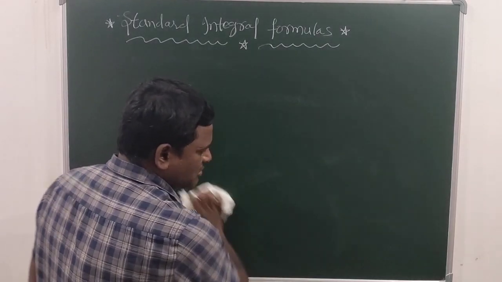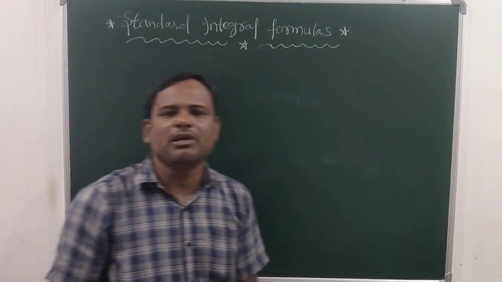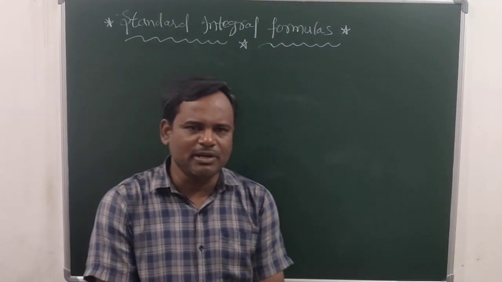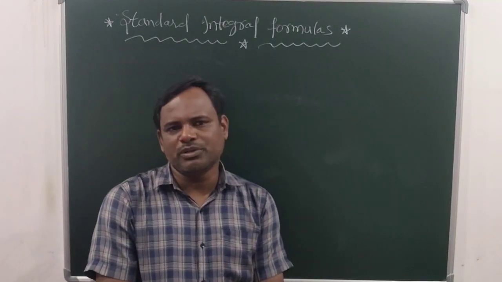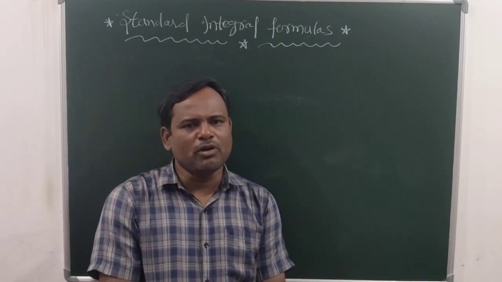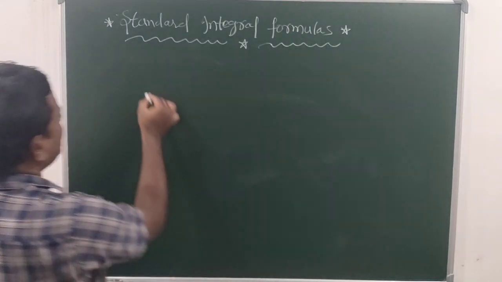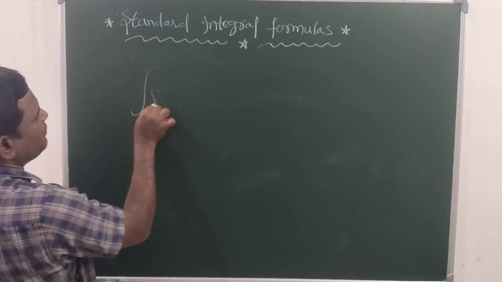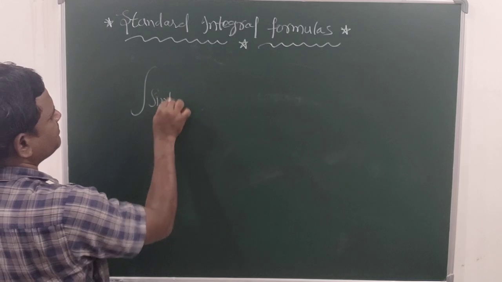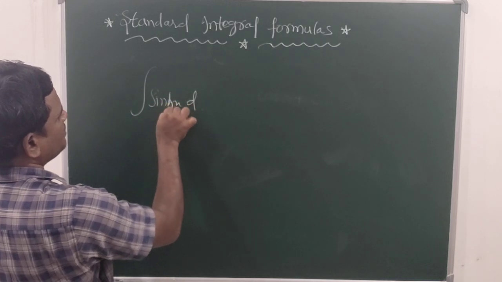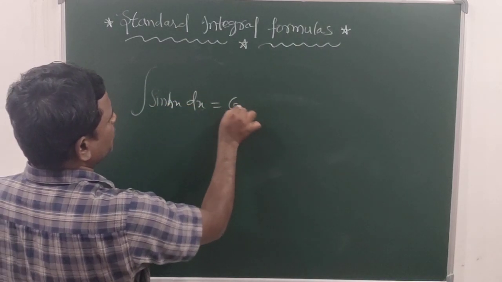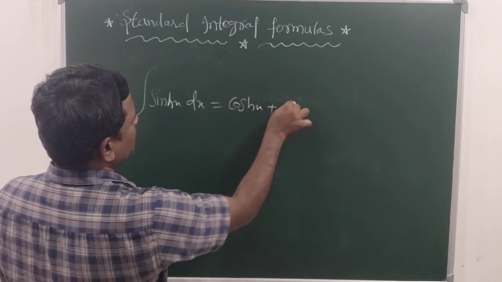So these are some standard integral formulas from basic trigonometry. Suppose we go to the hyperbolic trigonometric functions, we get the following. The integral of sinh x dx is equal to cosh x plus c.